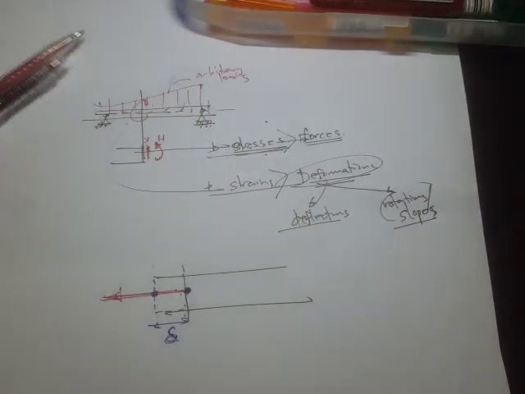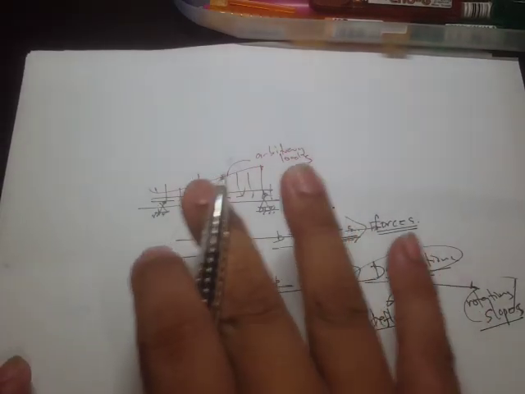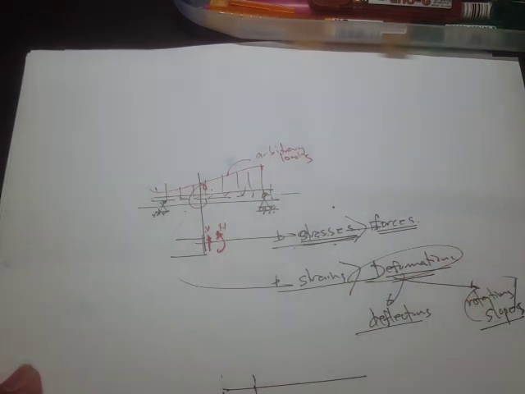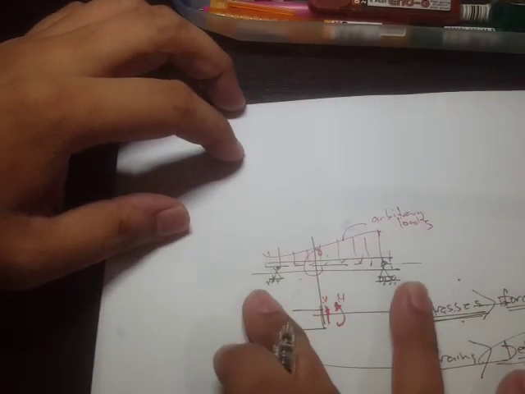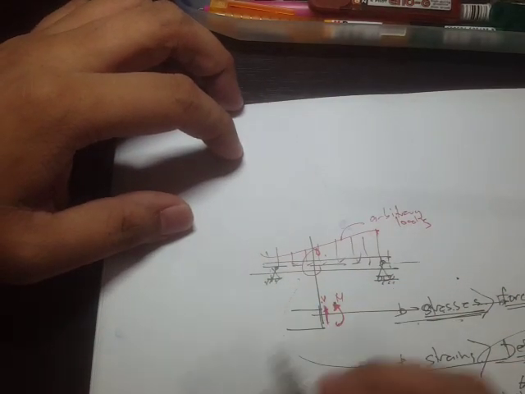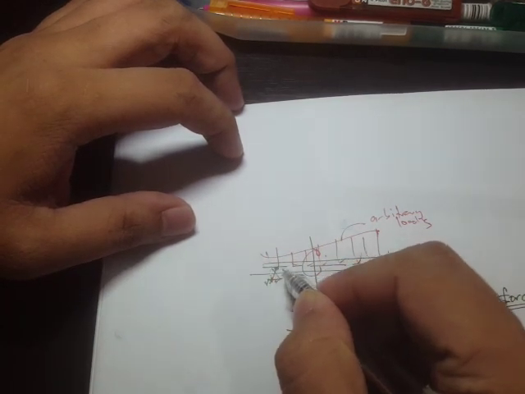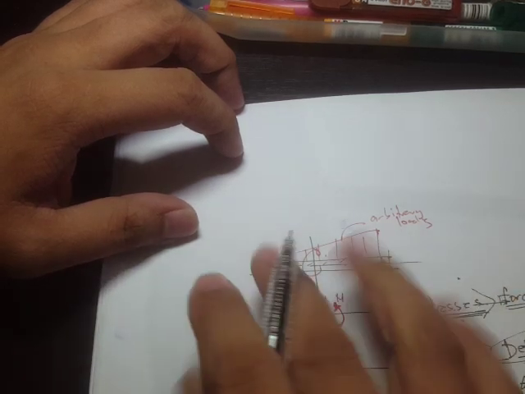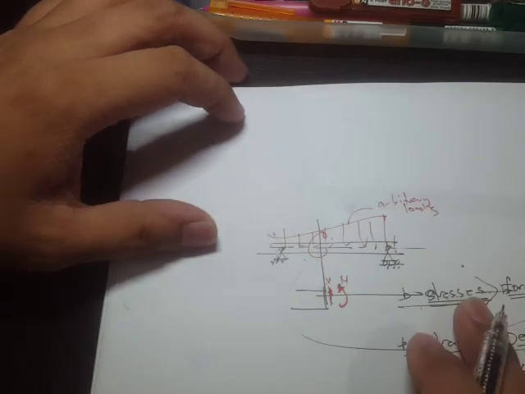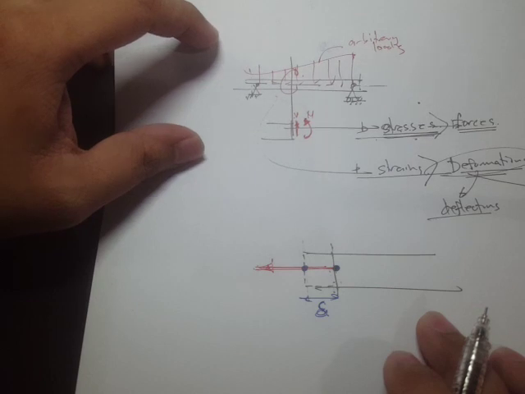Okay, so now let's just limit our discussions to beam deflections and also beam slopes. Going back to the simply supported beam under some arbitrary loadings, because of these external loadings there's going to be changes in the geometry, just like in the axial members.